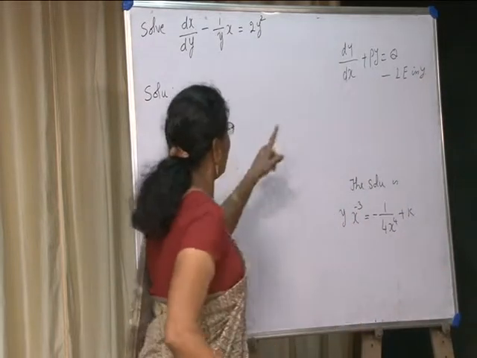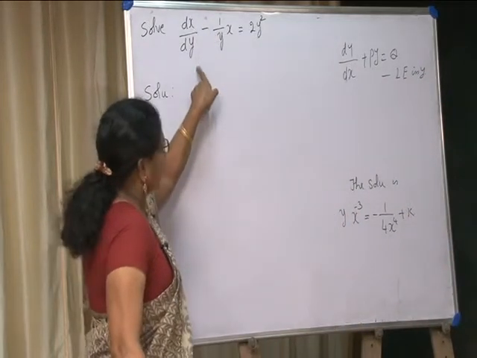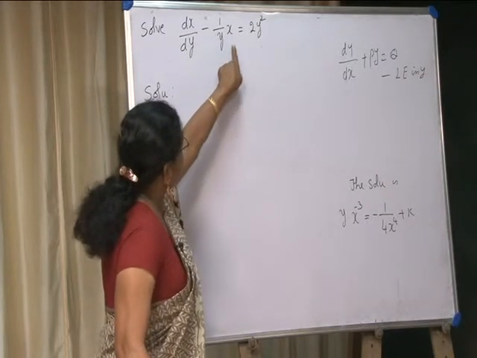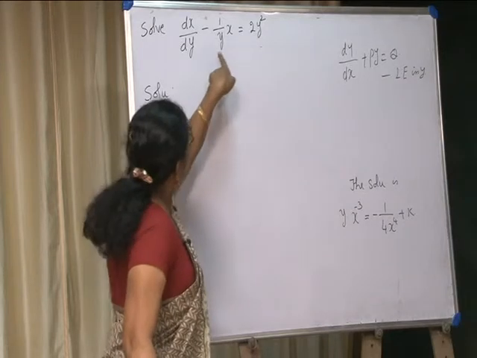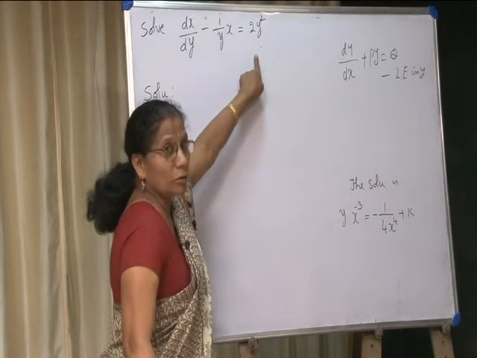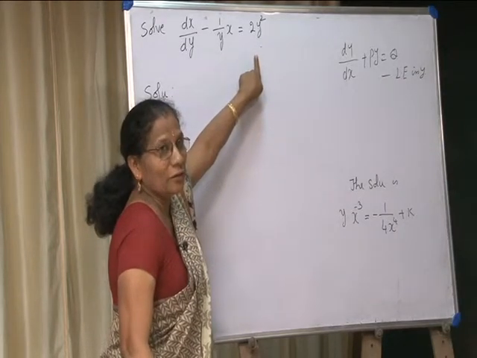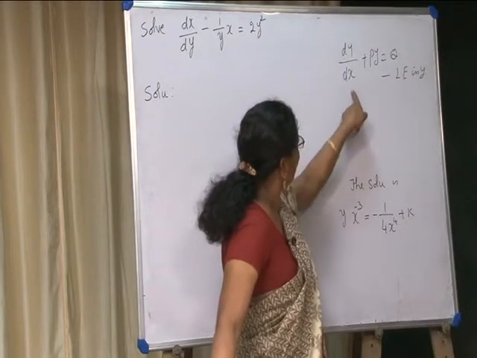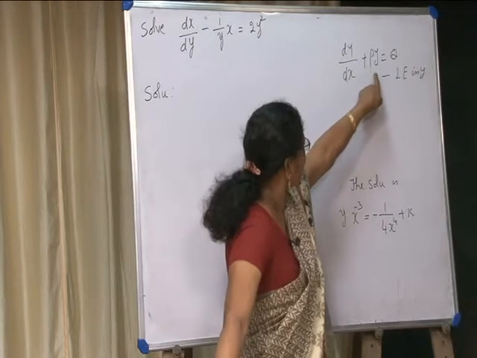But according to that, if I take dx by dy plus p into x is equal to q, where p and q are functions of y, just you reverse this one. Dx by dy plus px is equal to q.